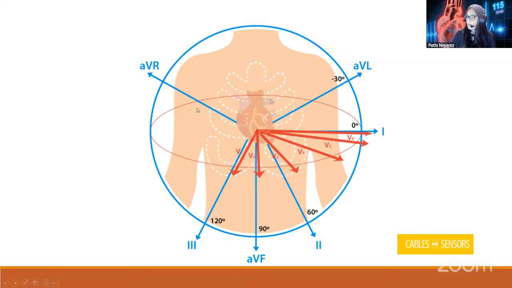And then we have the unipolar leads, aVR, aVL, and aVF. We can see them here. And then in this image, we also have the precordial leads, V1 through V6. And that's the way they look at the heart.